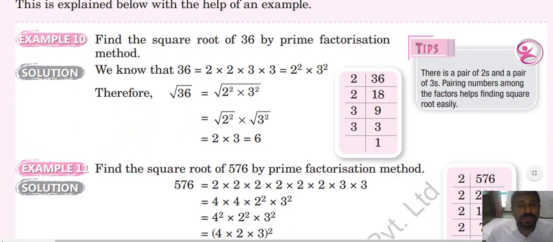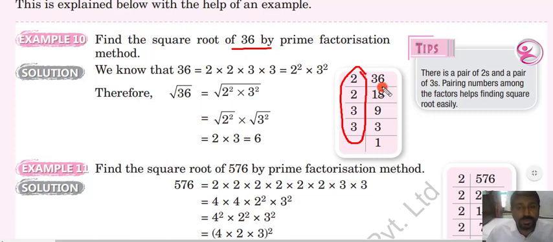You can see here, in the example, we have to find the square root of the number 36 by prime factorization. So what they have done here, they have written 36 as we have done in the LCM method. The same method is being adopted, but here the numbers always will be prime numbers. My prime numbers start from 2, 3, 5 and 7, and so on.